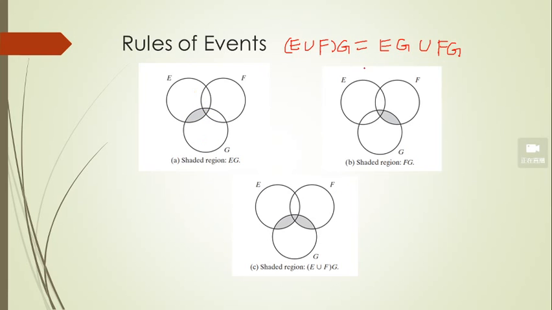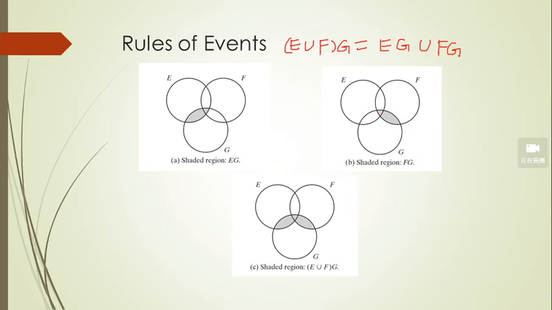So here, E and G, we are doing the part on the right side. E and G is shaded: the intersection of the circle E and the circle G, right? And then what is F and G? F and G is the same, the intersection of the two circles F and G, right?